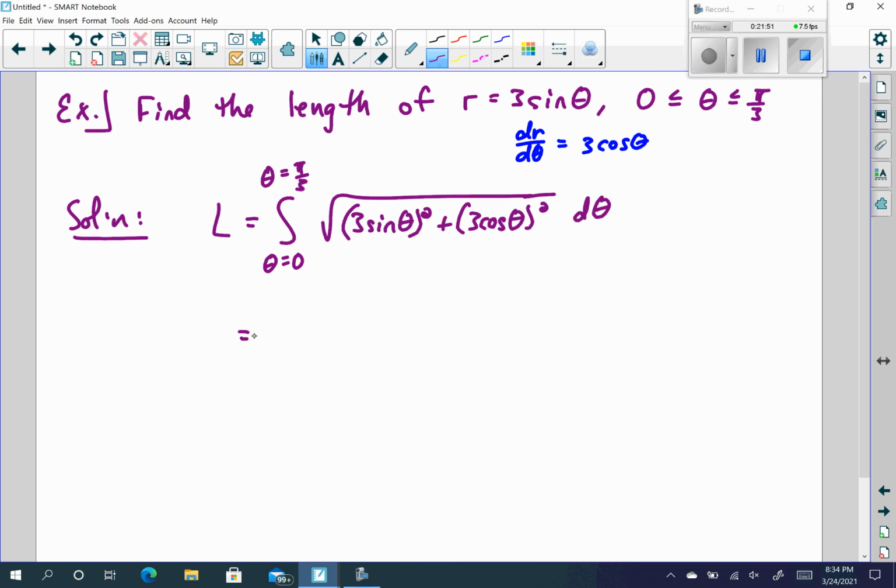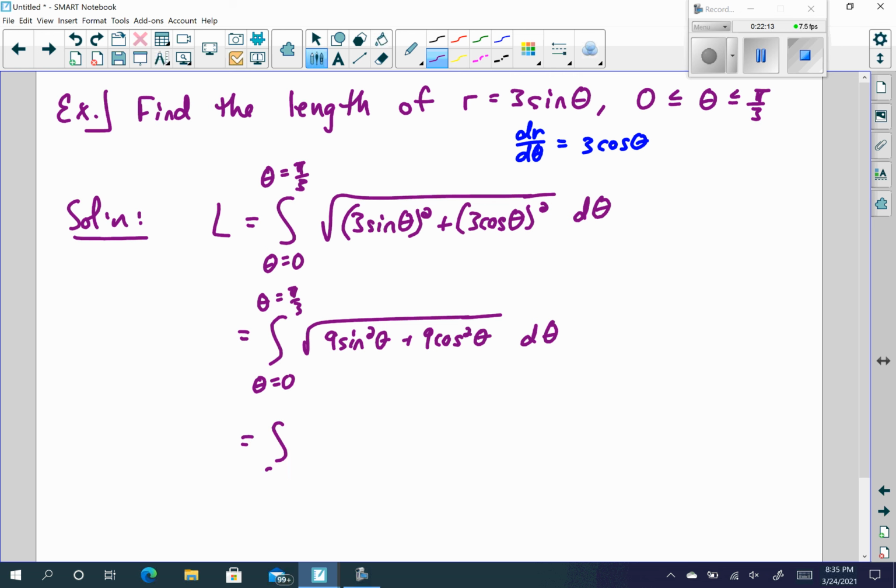So we'll go ahead and square everything. So this becomes 9 sine squared theta plus 9 cosine squared theta. And just as we saw with an example in section 10.3, we could factor out a 9, and then sine squared theta plus cosine squared theta is 1.